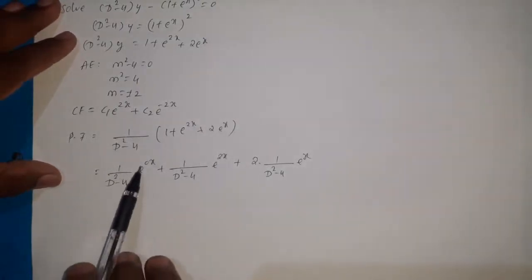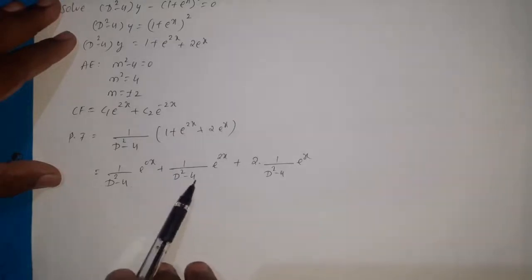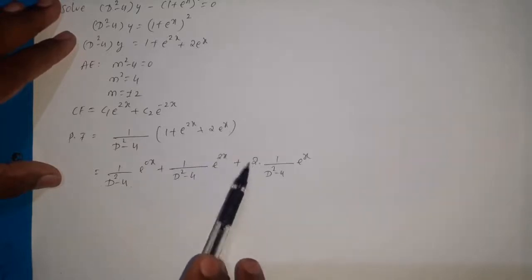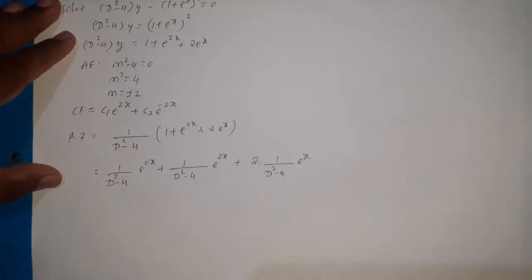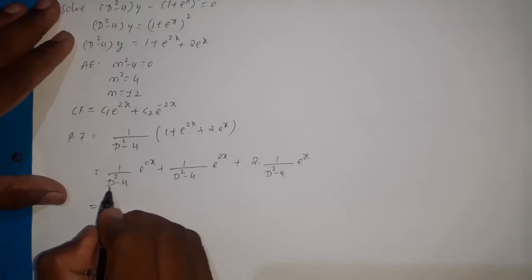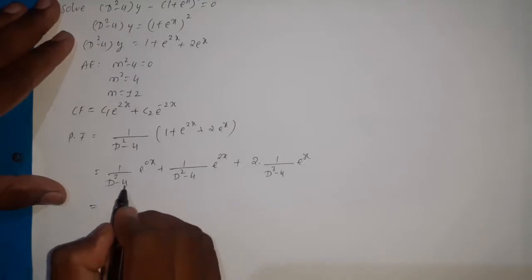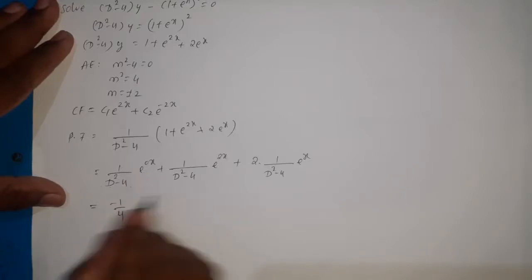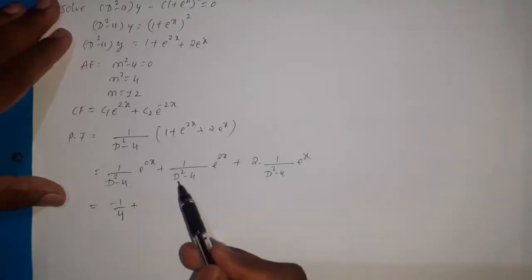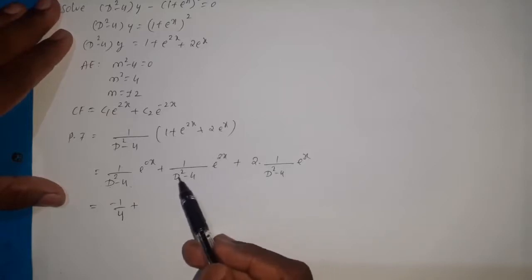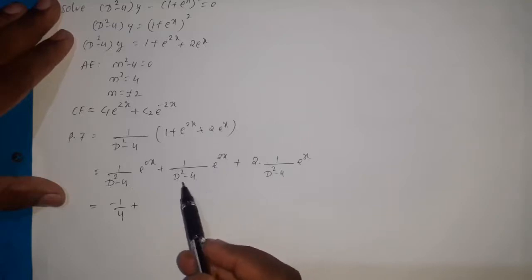Now for the first one, a = 0, so D² − 4 becomes 0 − 4, which is −4, so it is −1/4, and e^(0x) is 1. For the second, D = 2, which is the coefficient of x in the exponential function, so it becomes 4 − 4, which is equal to 0.